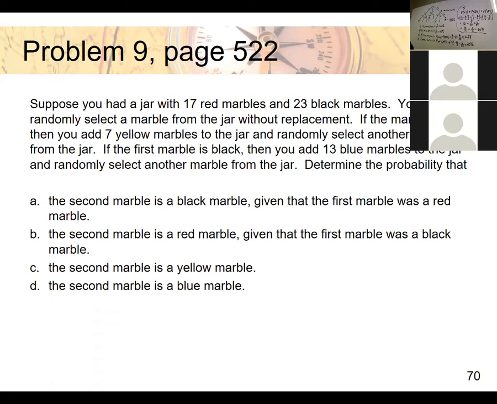Then you want to determine the probability that the second marble is a black marble, given that the first marble was a red marble. And then the probability that the second marble is red, given that the first marble was a black. And then part C, the second marble is a yellow marble, and part D, the second marble was blue. Okay.